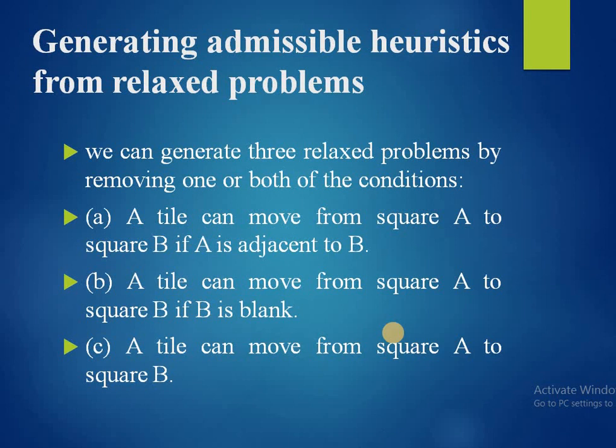A tile can move from square A to square B if A is adjacent to B. A tile can move from square A to square B if B is blank. And a tile can move from square A to square B. So no condition is provided in the third case.